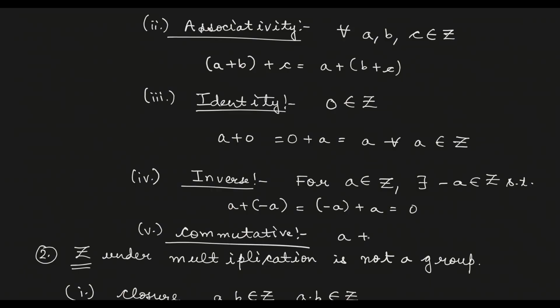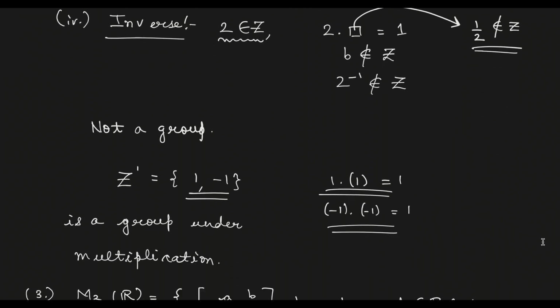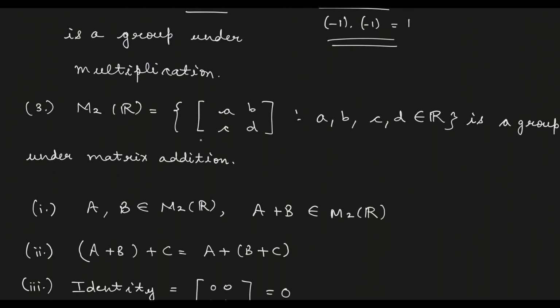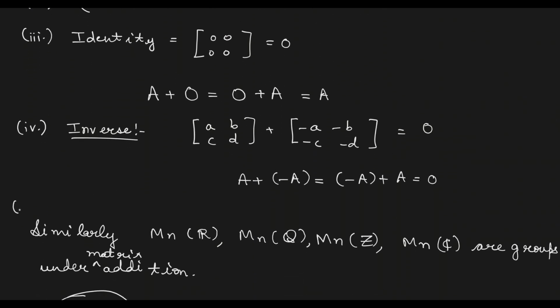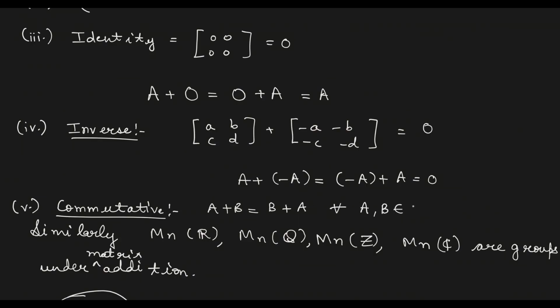This simply means that A plus B is equal to B plus A for all A, B belongs to integers. And this M2R is also abelian. A plus B is equal to B plus A for all A comma B belongs to M2R.